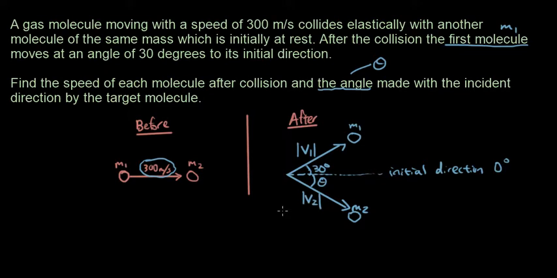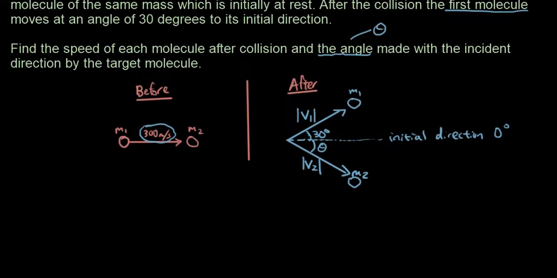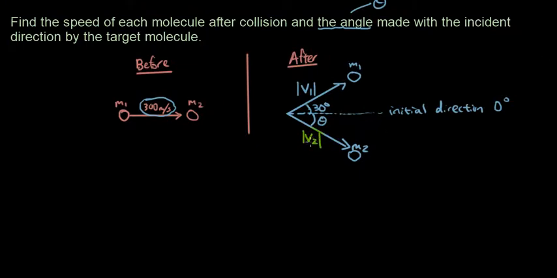Let us now try to figure all of this out using the equations that we know. What do we know about the equations? Well, we know that momentum is conserved.